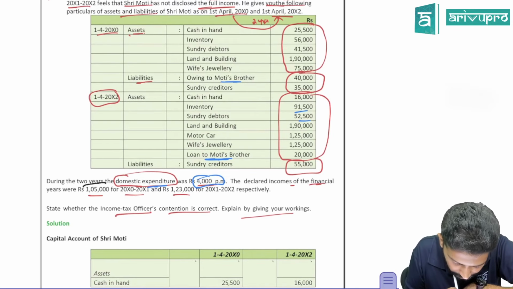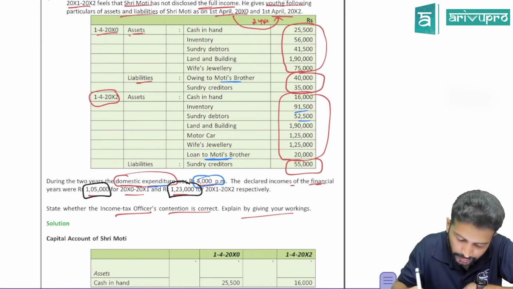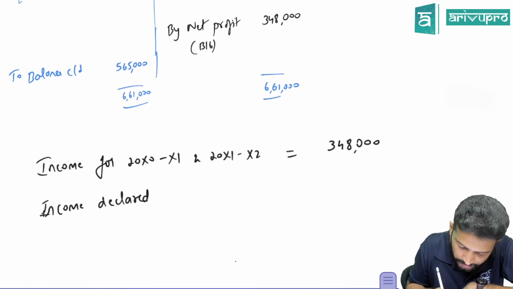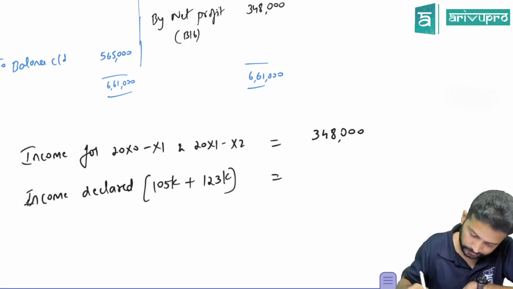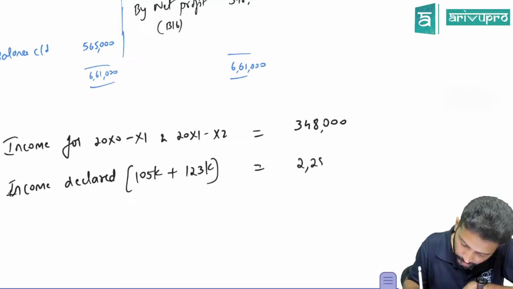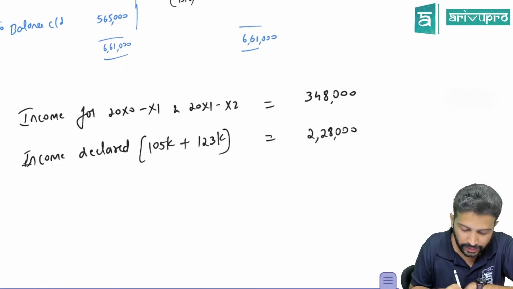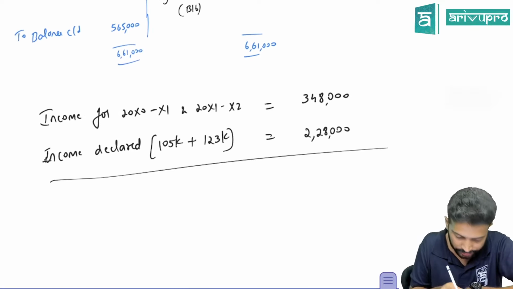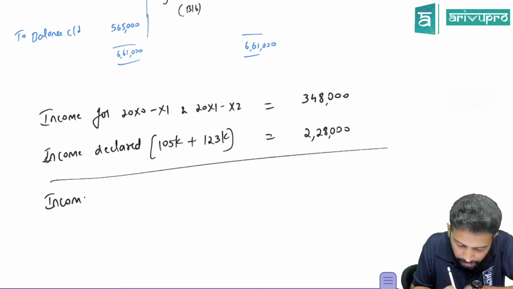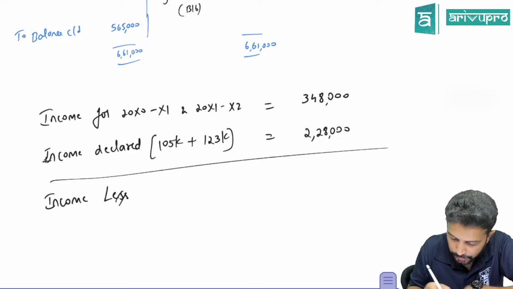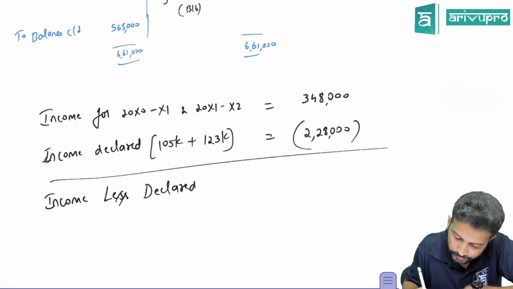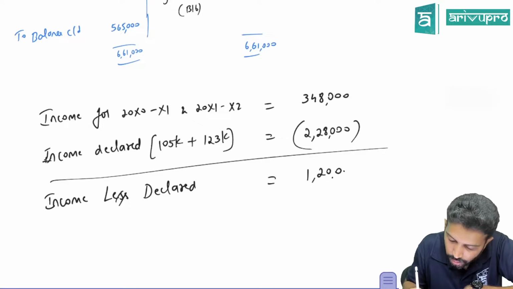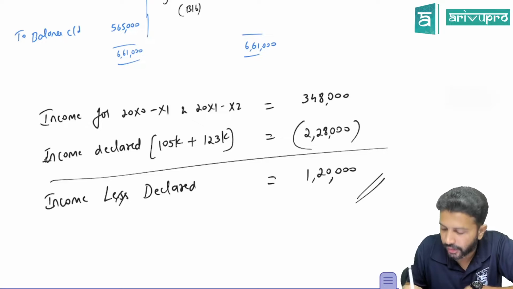He has declared an income of 1,05,000 for 1 year and 1,23,000. So let's add them up: 1,05,000 and 1,23,000. How much has he declared? 2,28,000. So has he made the correct declaration, or has he declared less? Income less declared, or you can also call it suppressed income, is how much? 1,20,000 is the income which he has declared less.